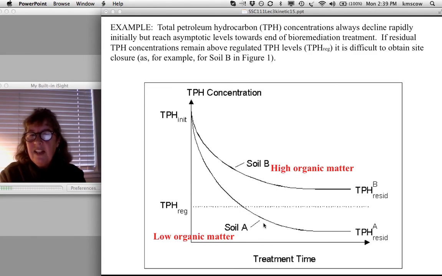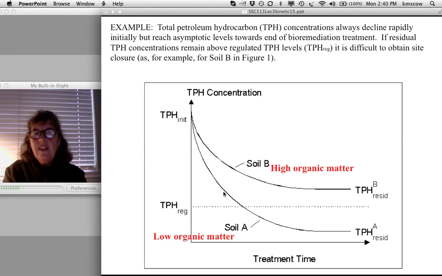Soil A is like a soil with not much organic matter, could be a really sandy soil, and you can see that it degrades pretty rapidly over time and very quickly gets below this concentration that regulators have determined is a safe concentration in soil. Therefore, if you can get that contaminated soil, which is initially at a high concentration of petroleum, down to below this level, then it's deemed treated and safe, and you no longer have to worry about remediating it.